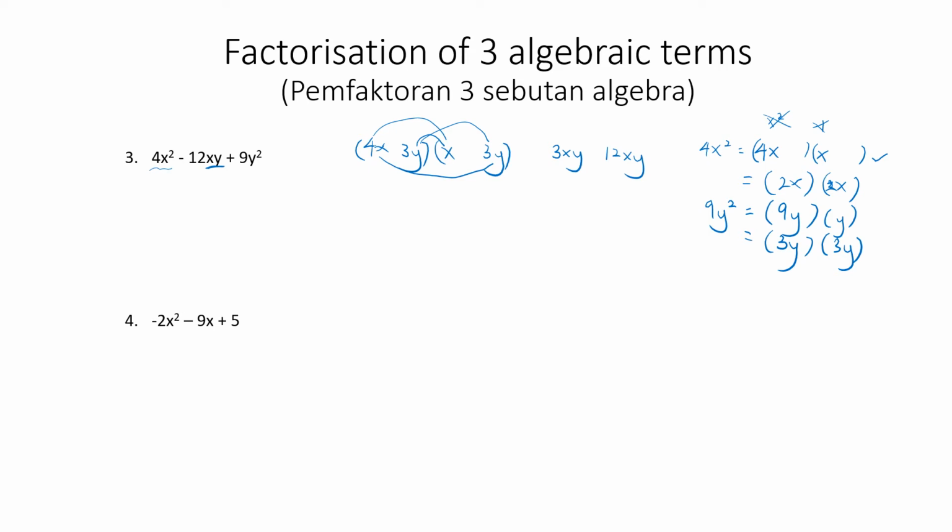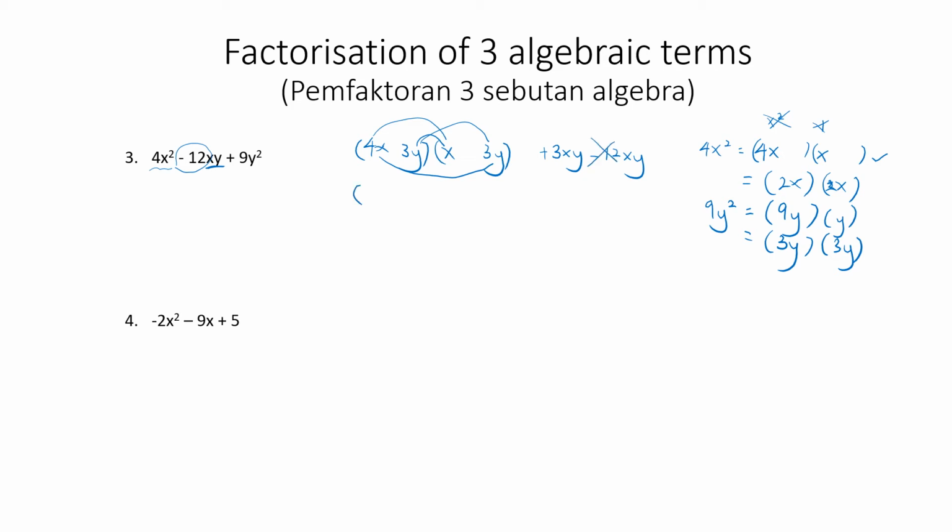So in order to get negative 12xy, how can it be possible to become negative 12? If I put positive negative here, it's not possible to become negative 12xy, so this is not possible.